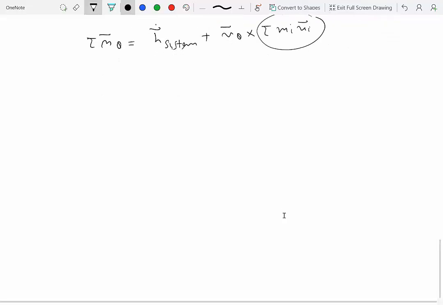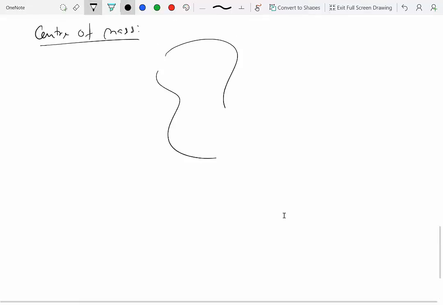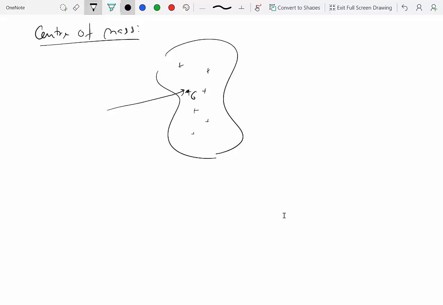Okay, so to understand this, we'll look at the concept of center of mass. So we're taking sort of a detour now. The concept of center of mass. For a system of particles where you have lots of particles, you can find the center of mass, let's say point G, with position vector RG, as M times RG, where M is the sum total of all the mass of the particles, equal to sigma mi Ri.